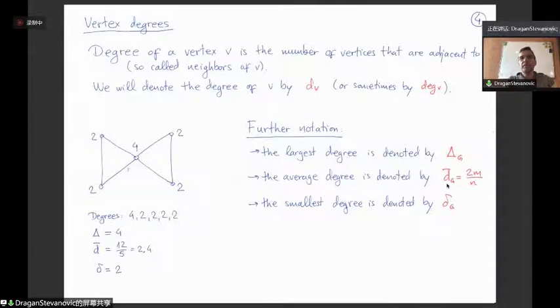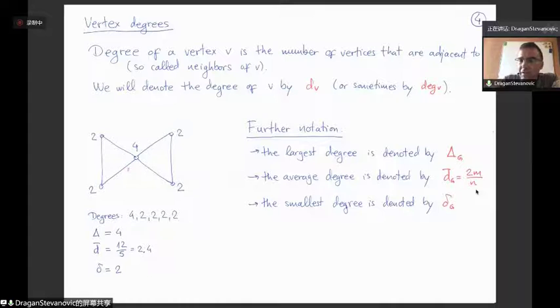If we recall that the sum of all degrees is equal to twice the number of edges, because each edge is counted once in the degree of one of its ends and once in the degree of the other of its ends, then each edge contributes to the sum of degrees of all vertices. So the sum of degrees of all vertices is 2m, so the average degree is just 2m over n.